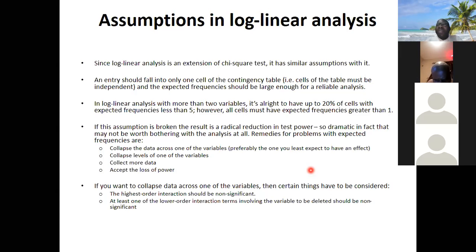Power is the ability to detect a difference if it exists. So what you can do if you know that the assumption is violated, and that is what we also do when we do chi-square, is collapse categories. You may remove a particular variable completely.